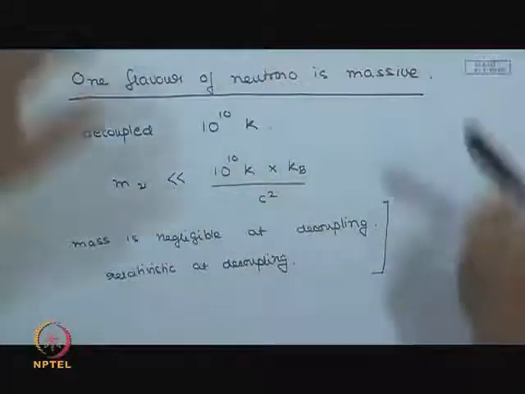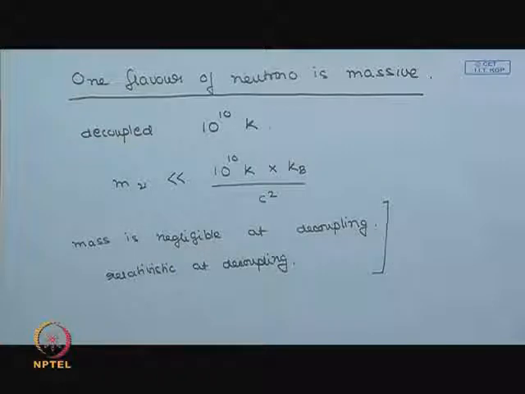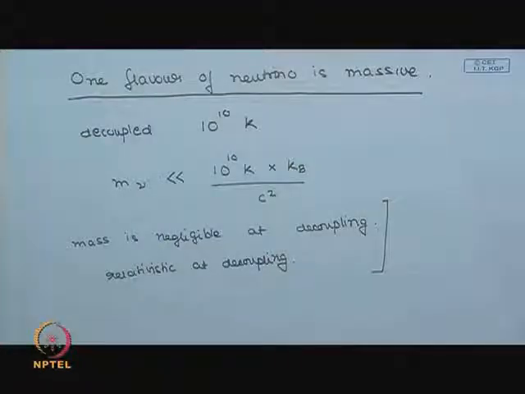So, given this number density of neutrinos which is present in the universe, we were considering the possibility that one of the neutrino flavors has a mass. So, one flavor of neutrino has a mass.